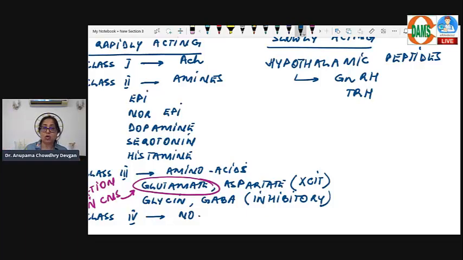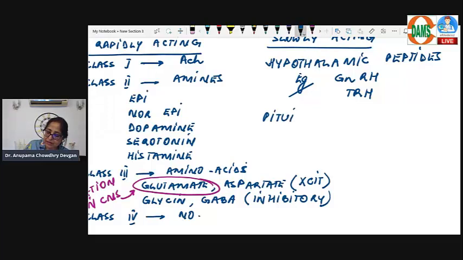These are not just hormones, they are also slowly acting neurotransmitters. Examples of hypothalamic peptides, like I said, are large molecule, slowly acting neurotransmitters.